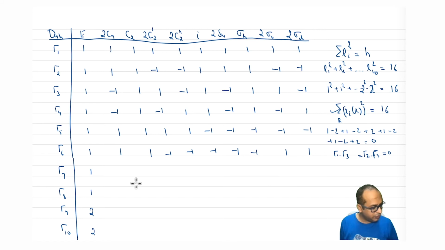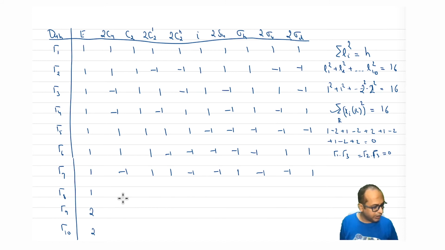Okay, tau7 will be 1, minus 1, 1, 1, minus 1, minus 1. Yeah, just one mistake can actually screw the whole calculation. And 1.